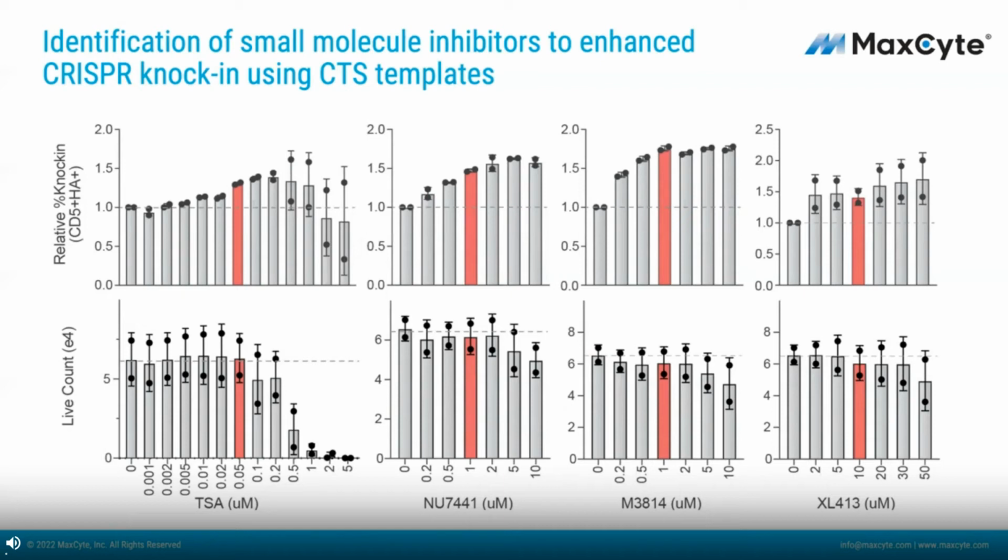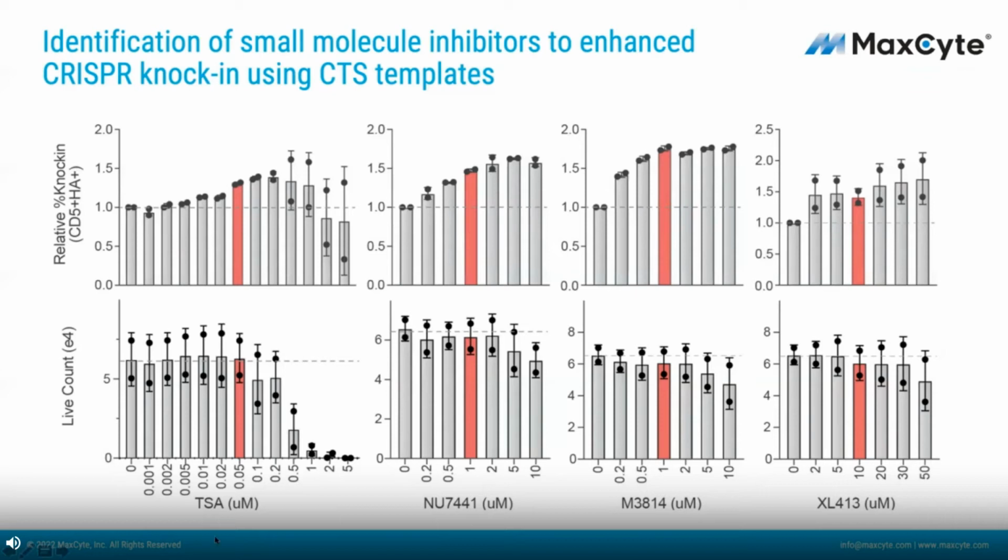And this approach was looking at small molecule inhibitors, such as NHEJ inhibitors or HDAC inhibitors, which could be combined with the CTS templates in order to further boost the knock-in efficiency.